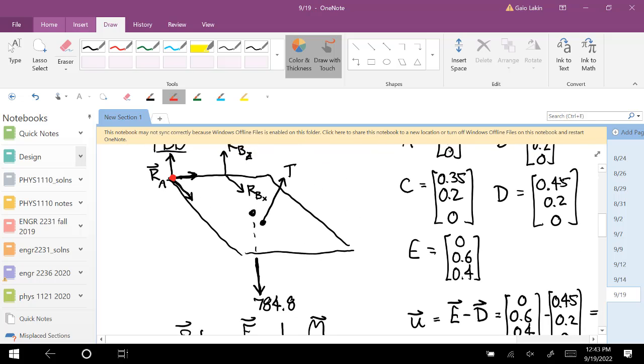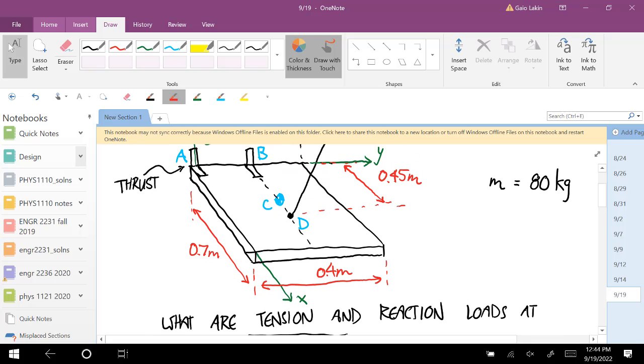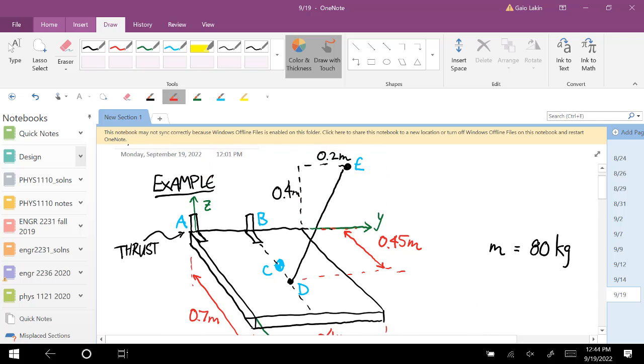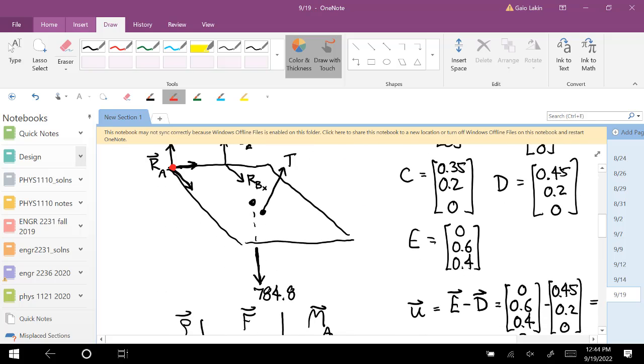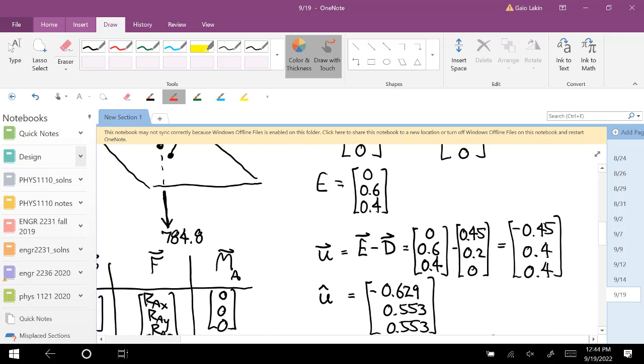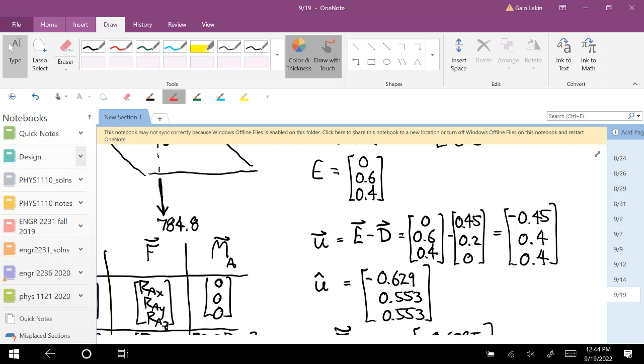That's what I have. And the point D is 0.45x, 0.2y, and 0z. Okay, and now if you subtract them, you get this. I'm just going to do that real quick.